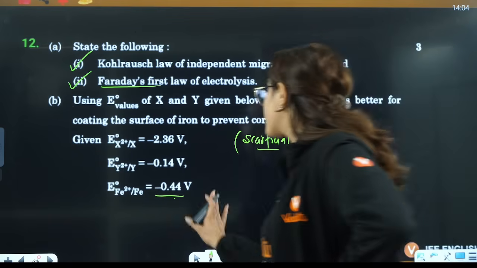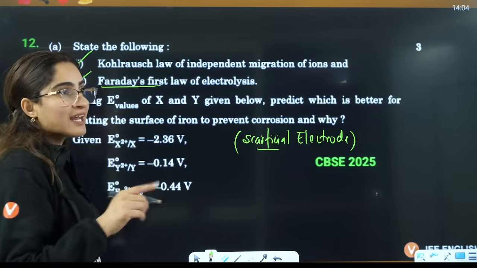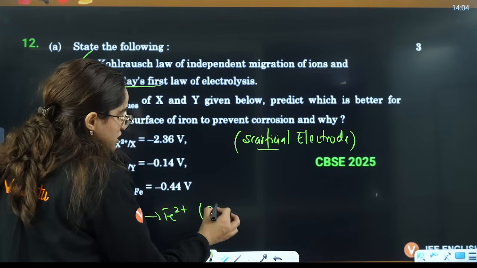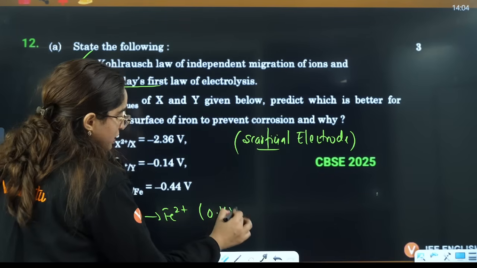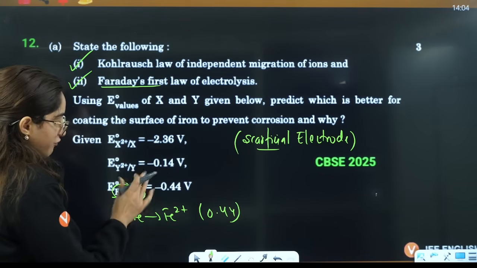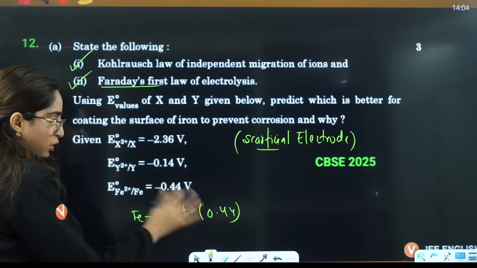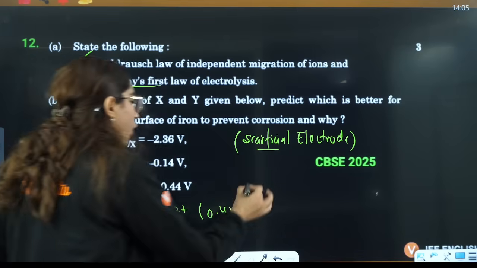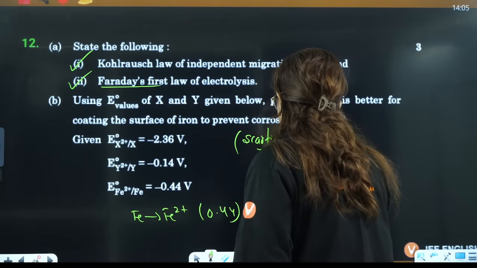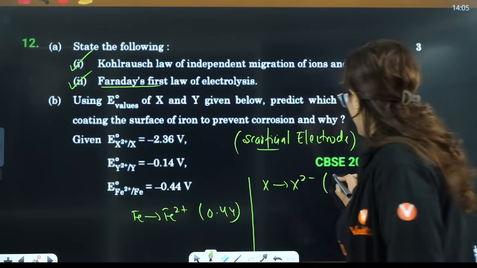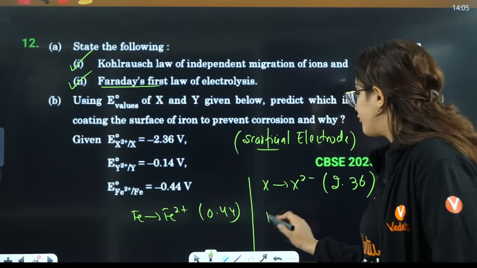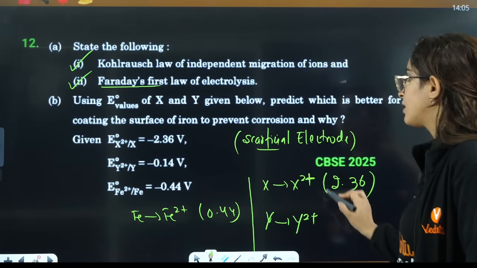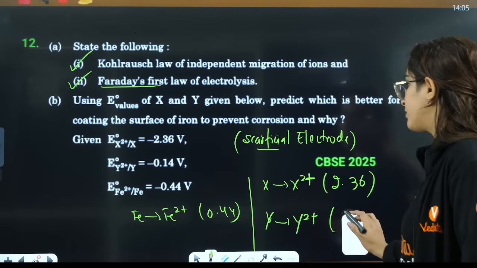Because sacrificial means what, guys? If I say that iron is corroded, that means iron will be converted to Fe2 positive. That means the potential will be 0.44, because this is the reduction potential, Fe2 positive to Fe. So the oxidation potential, Fe to Fe2 positive, will be opposite. Now, if I want someone else to do this for me, I need a higher oxidation potential. X to X2 positive is nothing but 2.36, and Y to Y2 positive is nothing but 0.14.